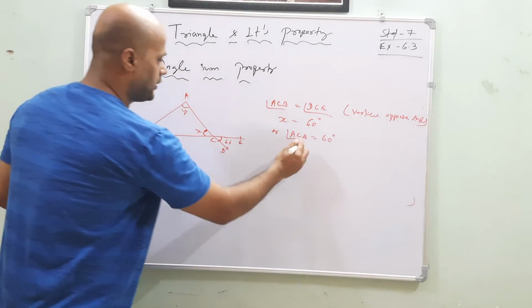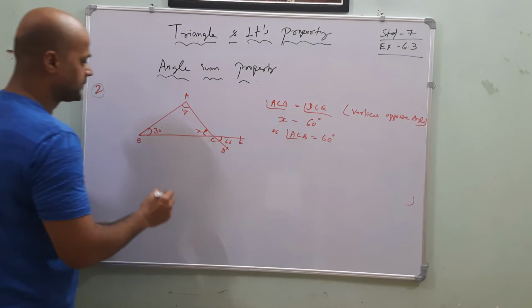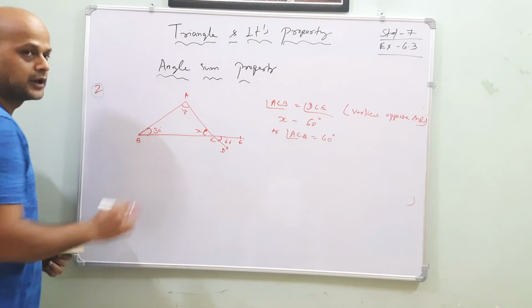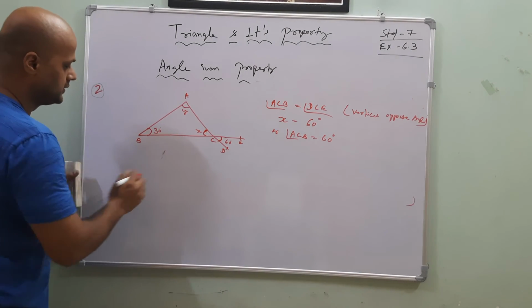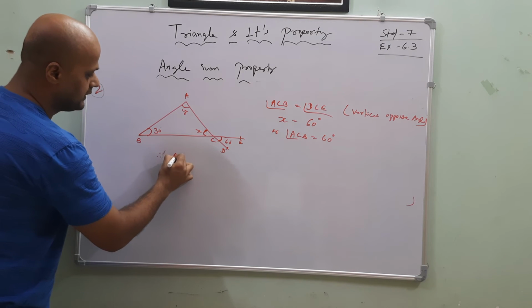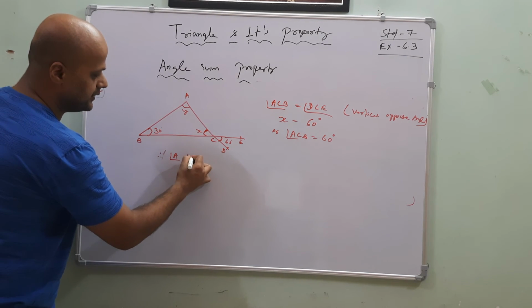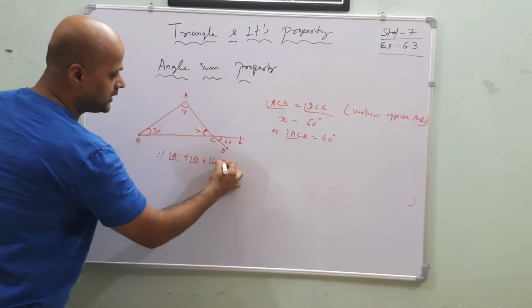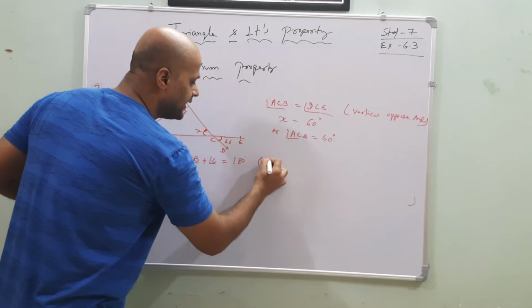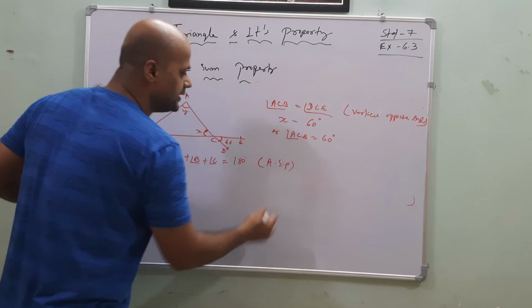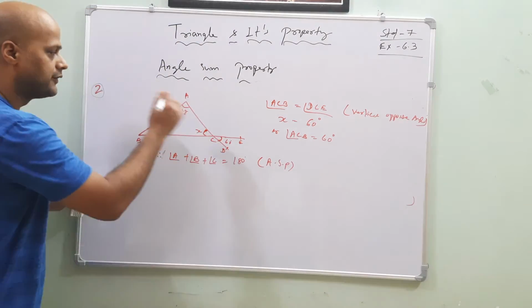Now angle C is 60 degree. This is 60 degree. What about angle Y? So you have to write, therefore, we know that angle A plus angle B plus angle C is how much? 180 degree. Yes or no? Why? Angle sum property. Very good. Now put the values.